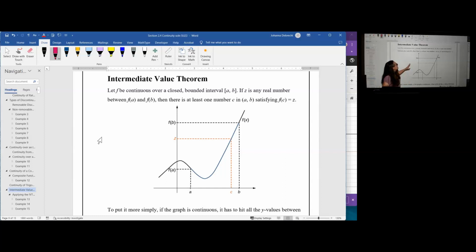It says if you have a closed and bounded interval, meaning you can't go to infinity or negative infinity, you have to be going between two finite real numbers, like 1 to 10.